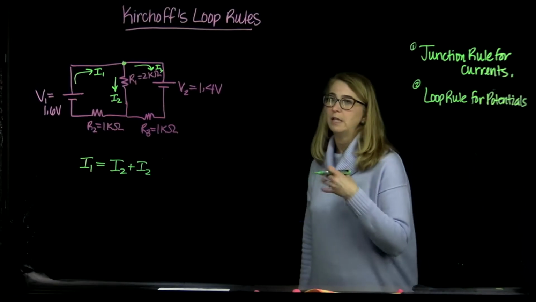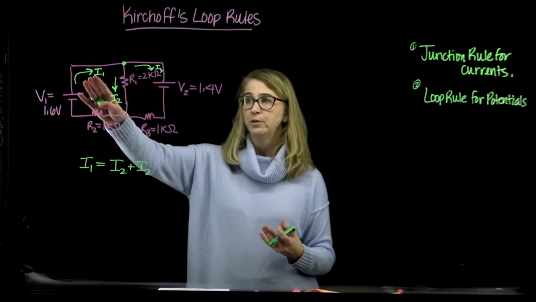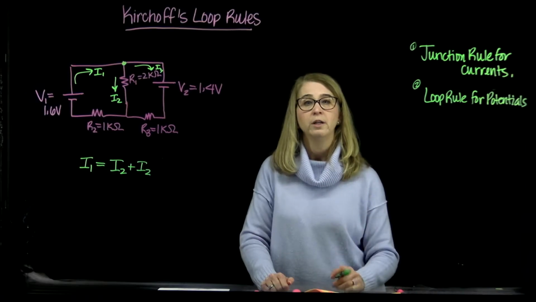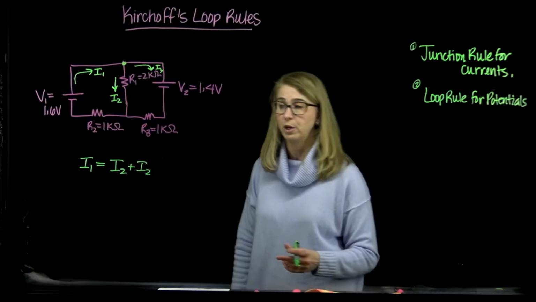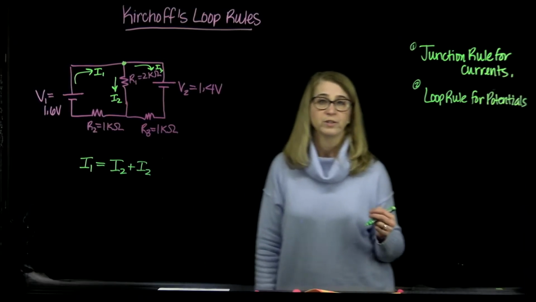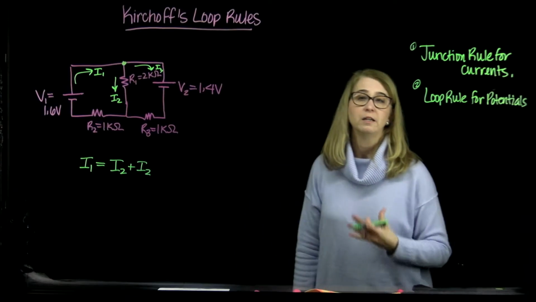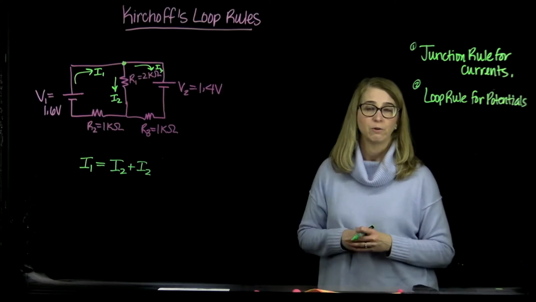Now, the next 2 equations that I get, because if you haven't noticed, I have 3 things that I don't know. I have 3 unknowns, the 3 currents. That means I'm going to need 3 equations. That's just math. That's just algebra. The other 2 equations are going to be from the loop rule and thinking about potential gains or losses as I go around the circuit.